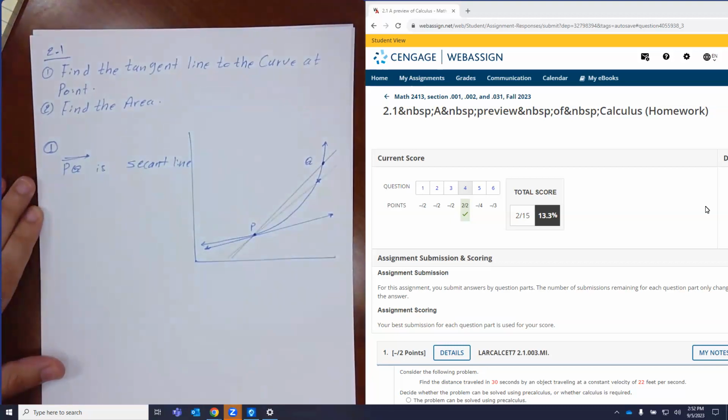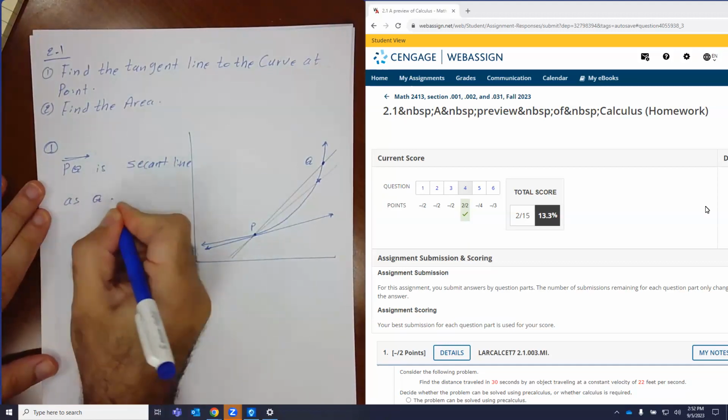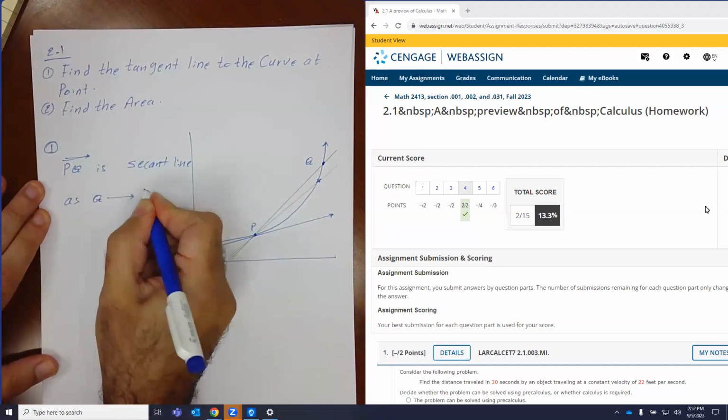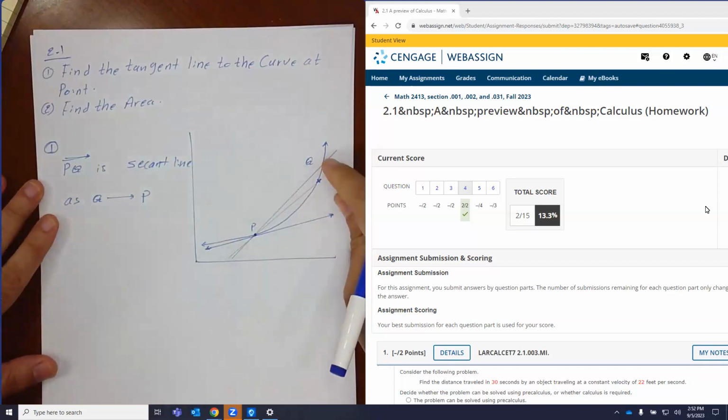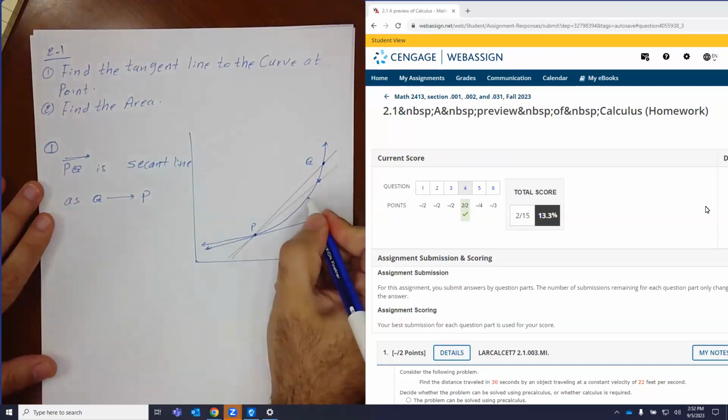Now, this is the new location for the point Q, because we're saying as Q approaches the point P, that means we keep moving Q toward the point P, but on the curve. We're going to get a new secant line.